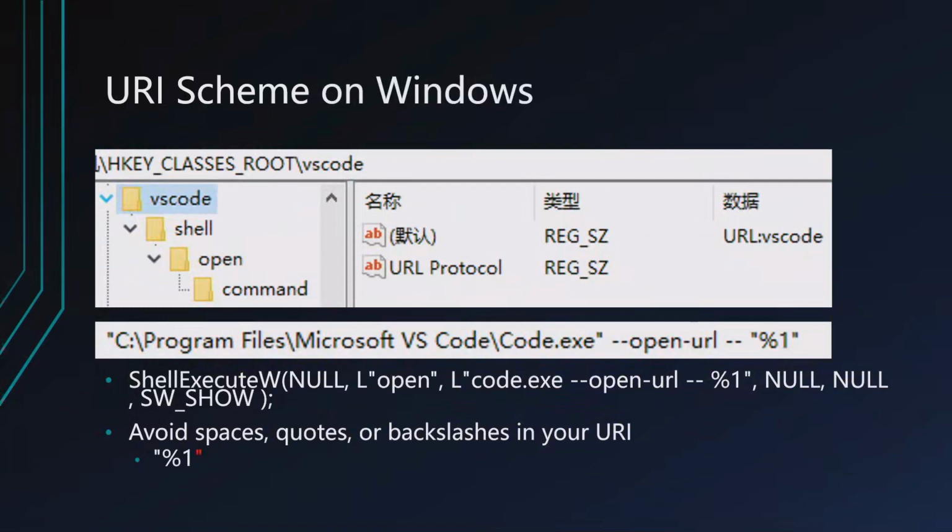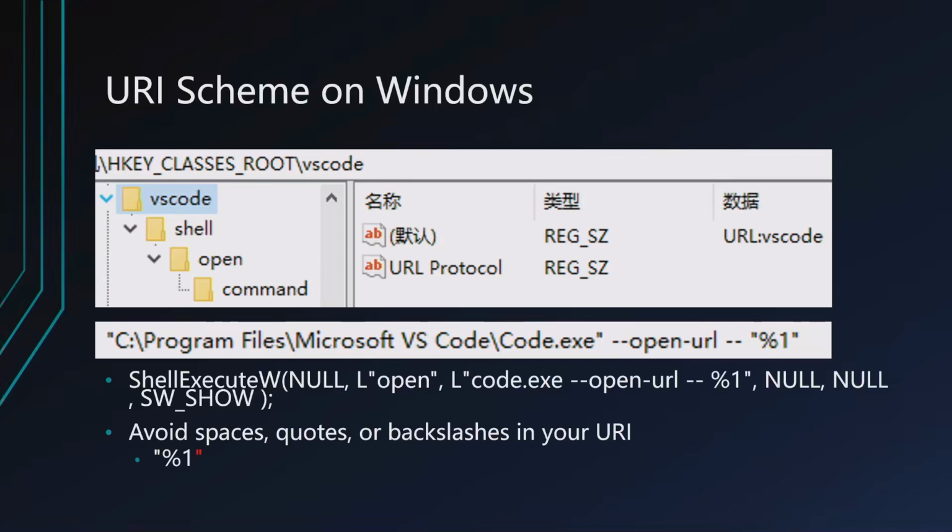And on Windows, it is registered in the registry, with an item for the URI protocol name and the command it will execute. Windows will use the ShellExecuteW API to call that command and launch it.